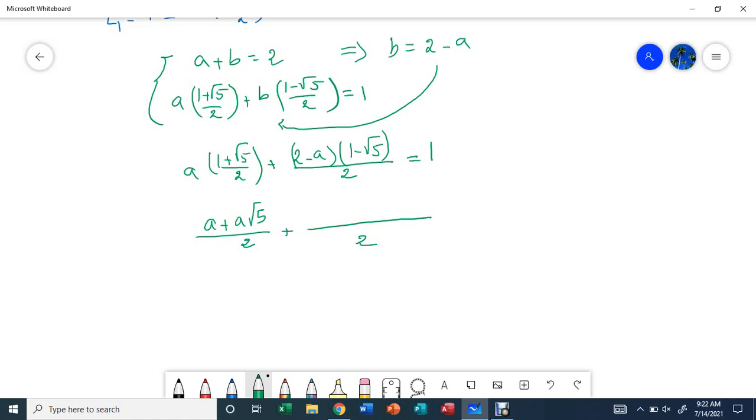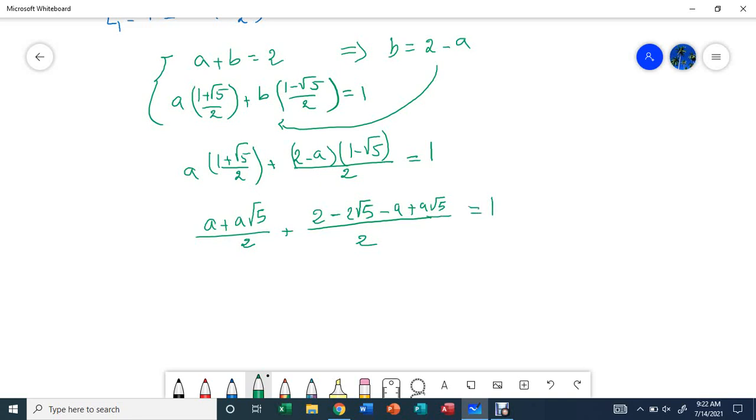So 2 times 1 is 2. 2 times negative square root of 5 is minus 2 square root of 5. Now negative A times 1 is negative A, and negative A times negative square root of 5 is positive A square root of 5. And of course everything equals 1.